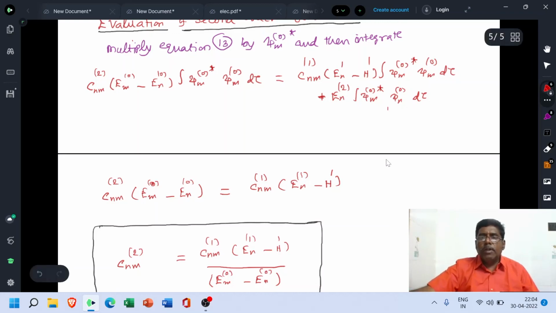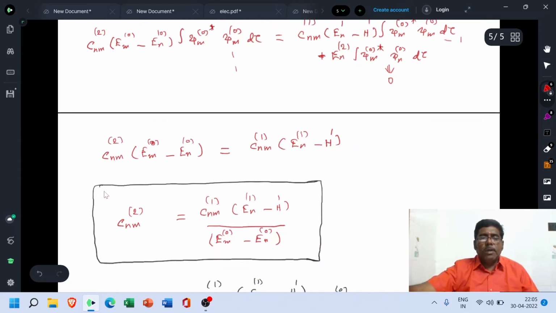This is our orthogonality condition, this value is 0. But this integral value equal to 1, because these are all normalization conditions. Then Cnm of 2 equal to Cnm of 1 (En1 minus H1) whole divided by Em0 minus En0.